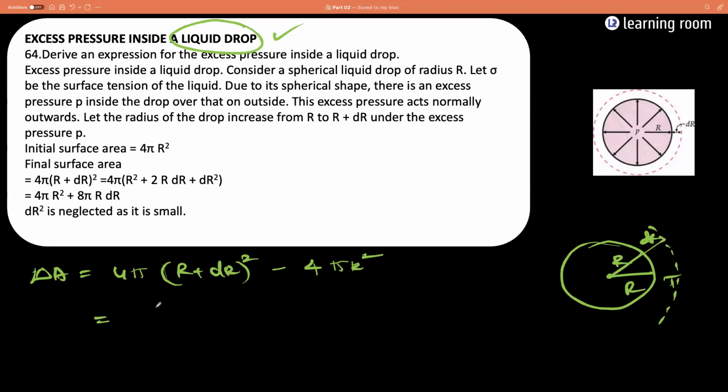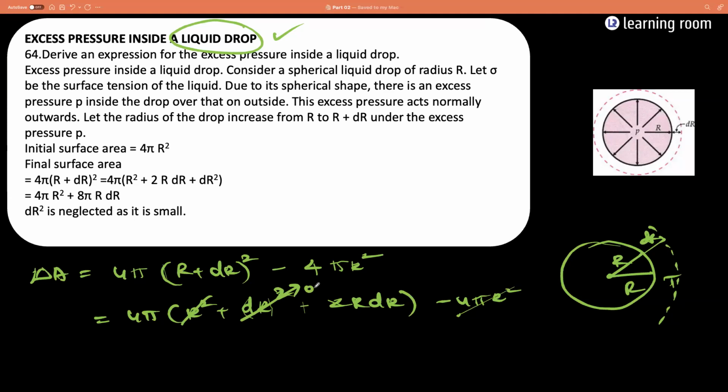It will be 4 pi into R square plus dr the whole square plus 2R dr minus 4 pi capital R square. So 4 pi R square will get cancelled, and dr is a very small value, so dr square can be ignored and made 0. So you will get 8 pi R times dr. This is going to be the change in area.